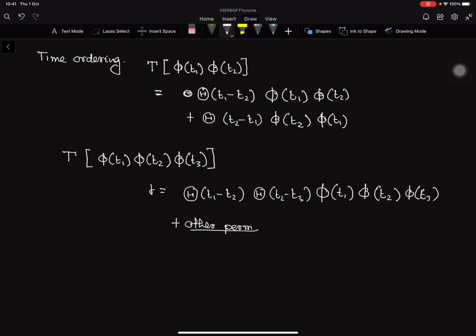Now it is clear from the definition that the time ordered product is related somehow.